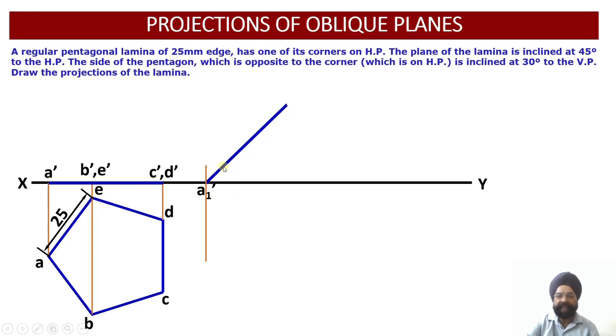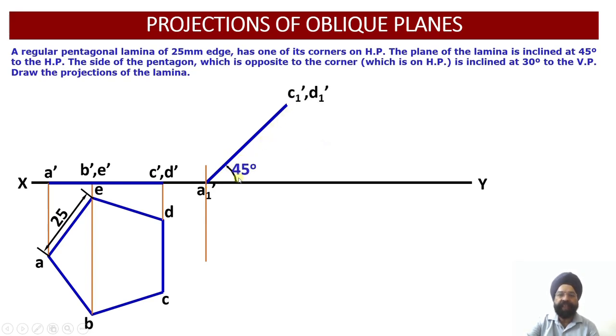As this edge view is rotated over here, the markings A dash, B dash, E dash and C dash, D dash will have to be made onto this rotated edge view. So we are going to rotate this in such a way that the point A dash will appear on the XY line, whereas this portion will be lifted at an angle of 45 degrees.